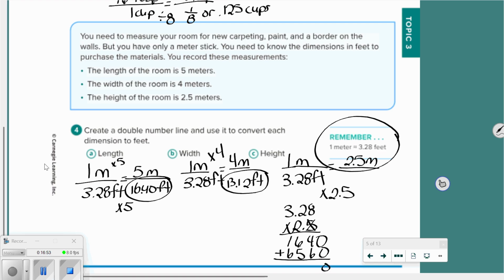That would be 8.20. Say that again? Because if 1 meter is 3.28, if you have 5 meters, that's 16.40. Yes, because there are 3 numbers after the decimal, so it's 8.2.